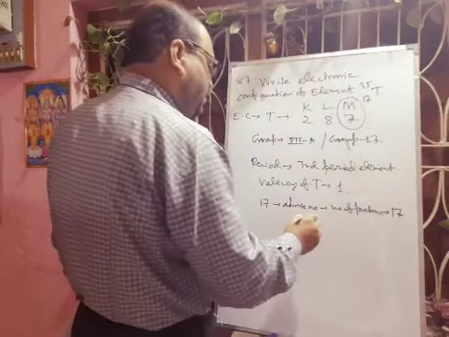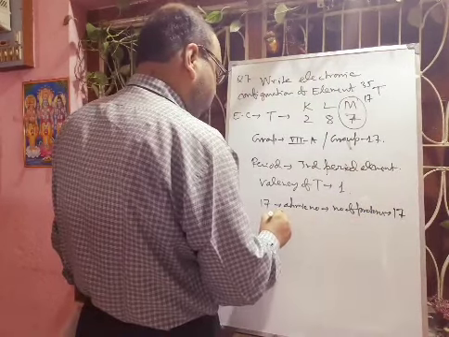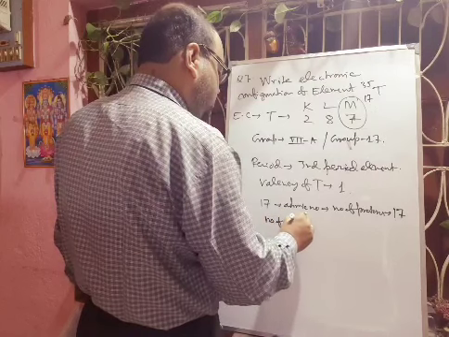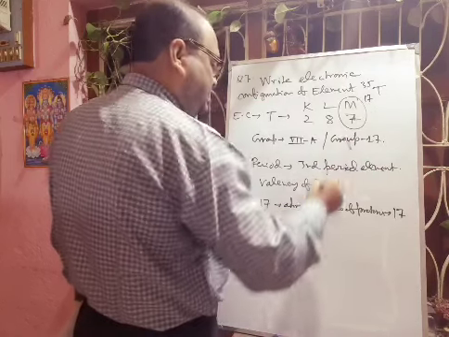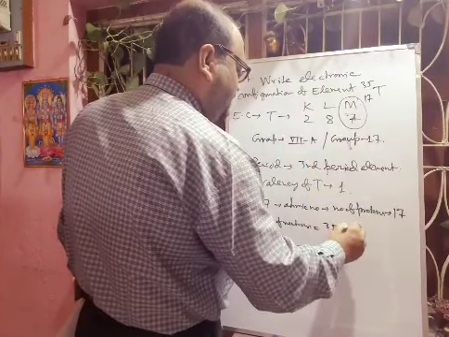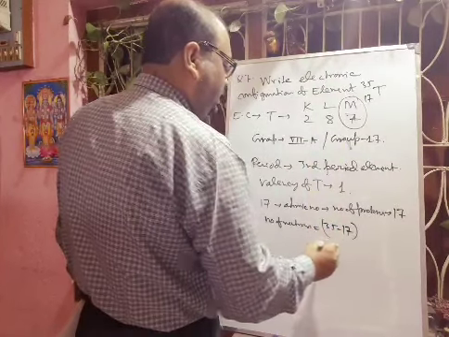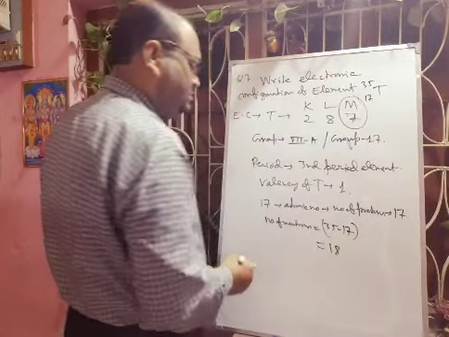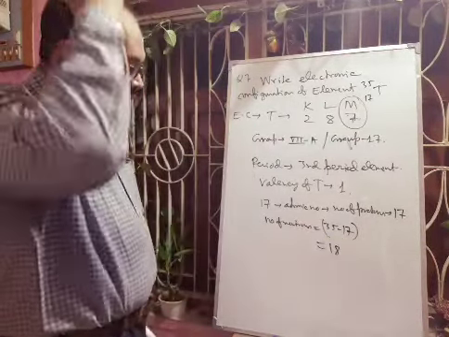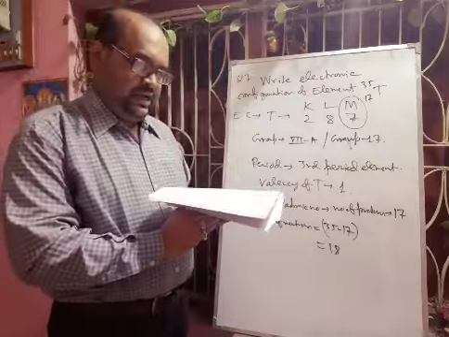And what will be the number of neutrons? Number of neutrons is equal to the mass number, which is given as 35, minus 17. You are getting 18. So the total number of neutrons in T will be 18.